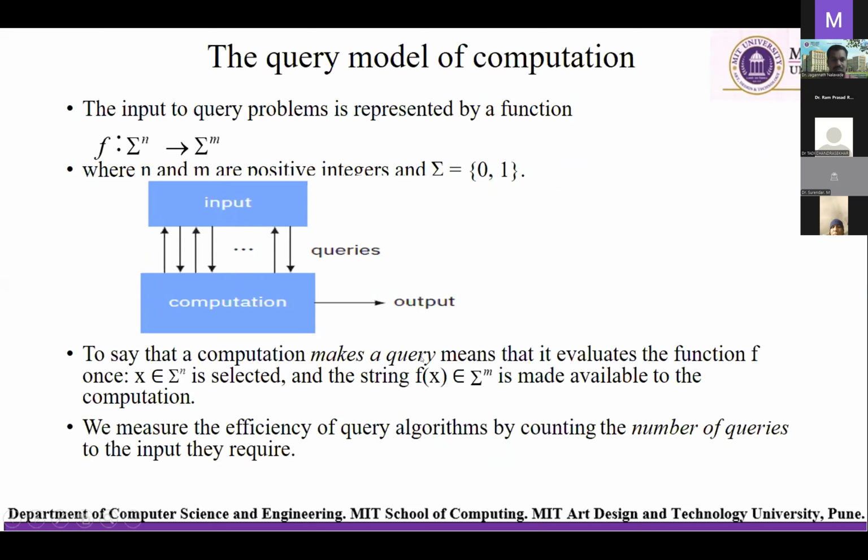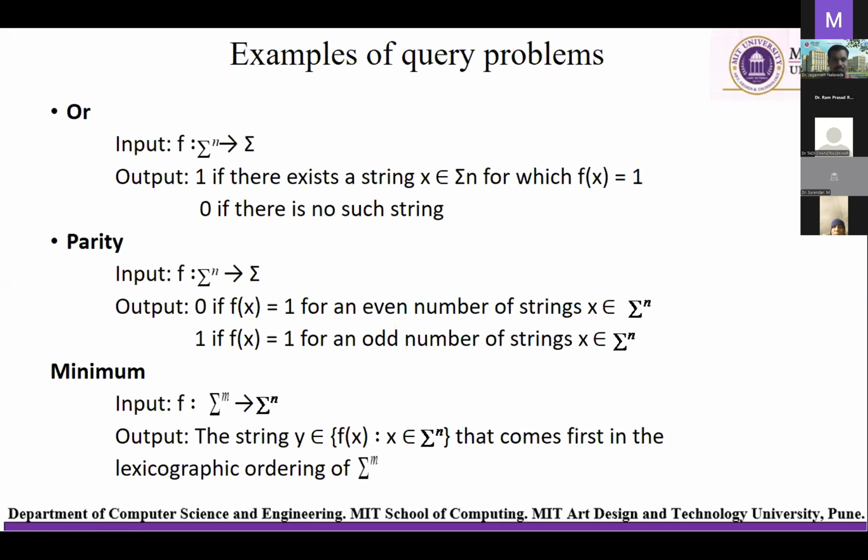To say the computation makes a query means that it evaluates the function f once, where x belongs to the n bits we have selected, and the string f of x, which belongs to m, is made available to the computation. We measure the efficiency of query algorithms by counting the number of queries to the input they require. So the efficiency is the number of queries we have passed for the computation.